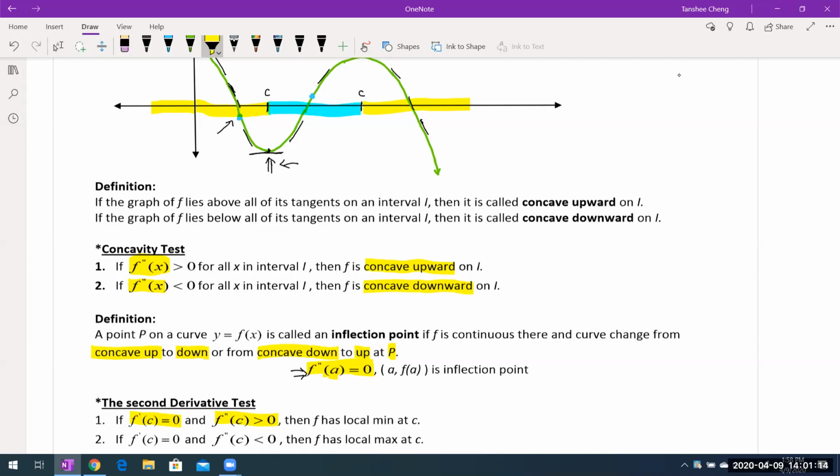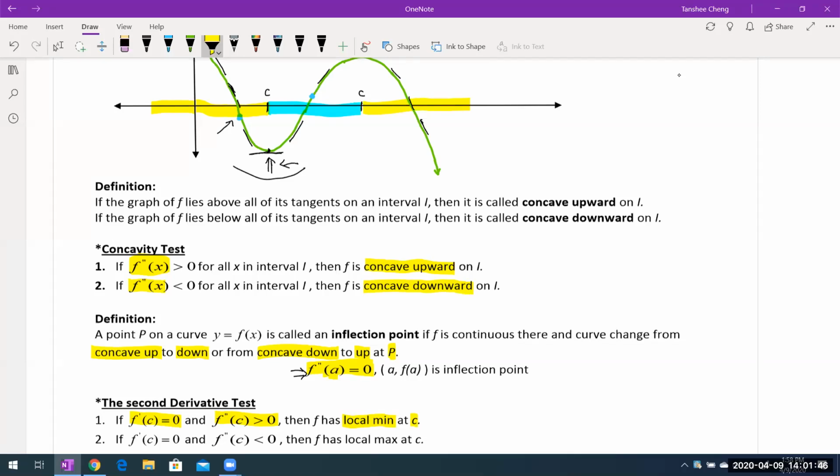We can see this portion right here. I have a critical number at C, and C is in the interval of concave up, so that critical number becomes the lowest point in that interval. Therefore, with these two together, we can conclude that the function has a local minimum at C. This is the second derivative test.